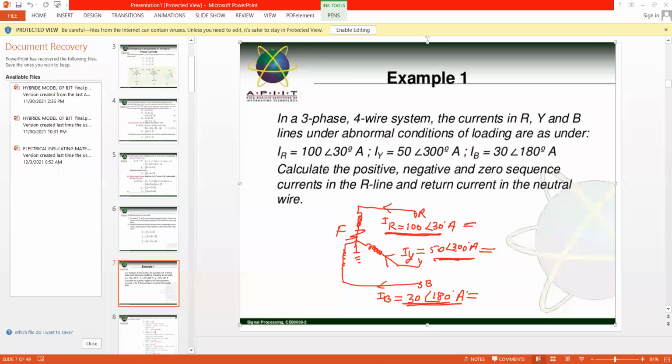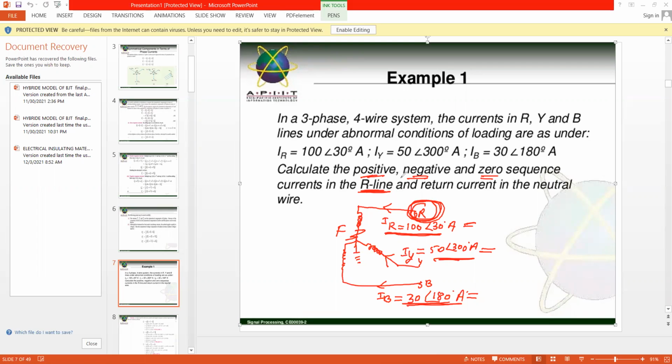That is, calculate the positive sequence, negative sequence, and zero sequence current in the R line. We have to calculate the symmetrical components only for the R phase.